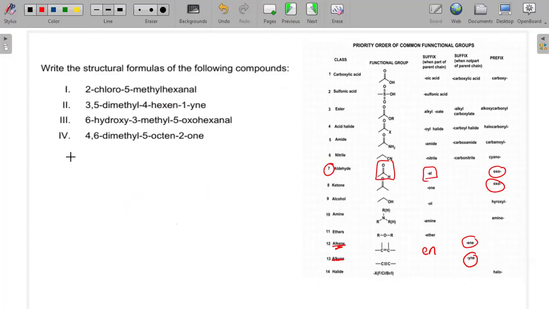Now the next one is telling us that we are having a 6-hydroxy, 3-methyl, 5-oxo, hexanal. Now here the parent name is still an aldehyde, isn't it? So we have an aldehyde as a parent name, and then we are having a 5-oxo.